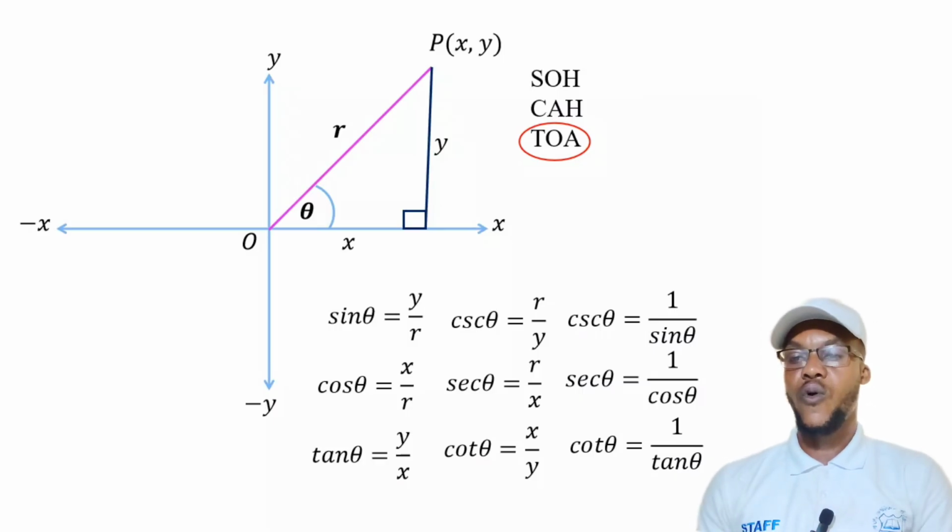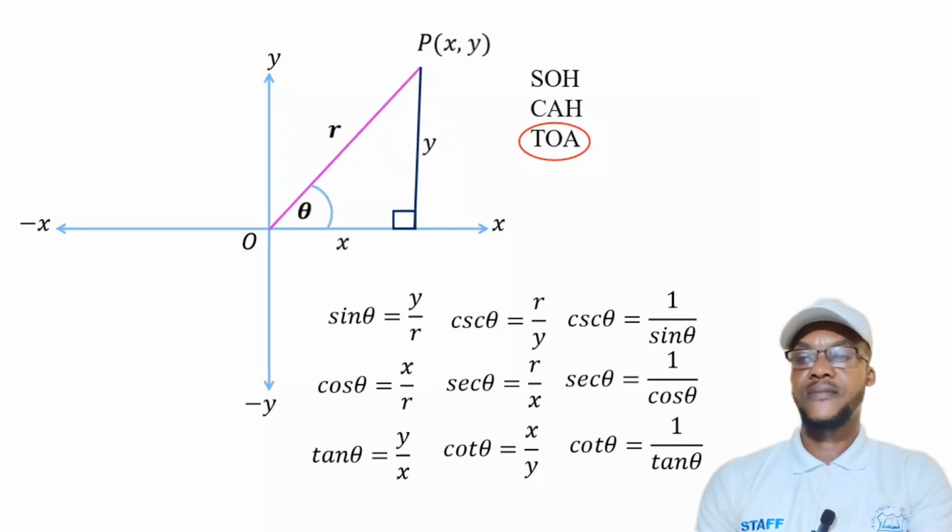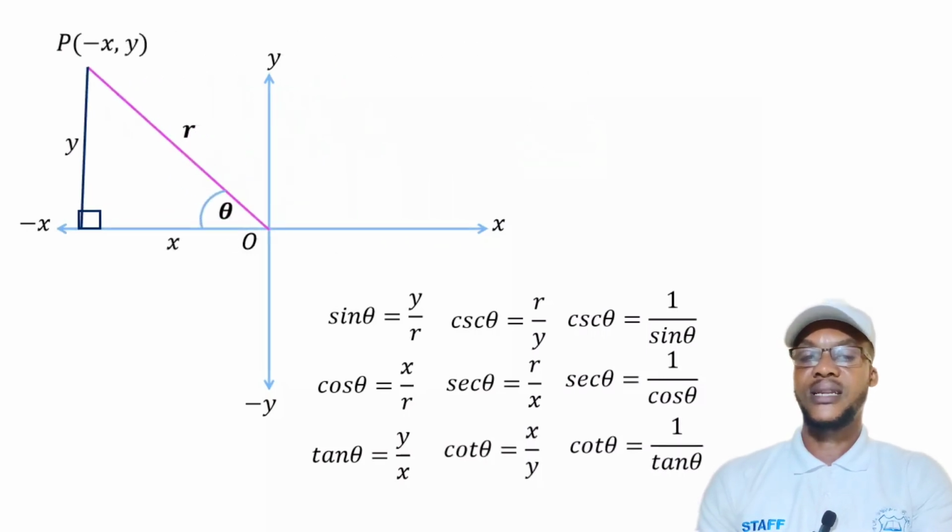All right, yes. So if we know all these things, then this was on the first quadrant. Let's see if they are on a different quadrant. If you move to a different quadrant like this, how are you going to write all these things? So first of all, now we're in the first quadrant, but this time we are in the second quadrant. So which of the ratios is positive?